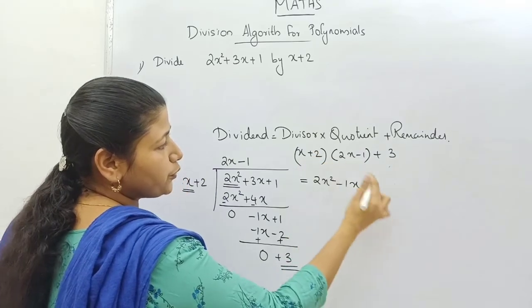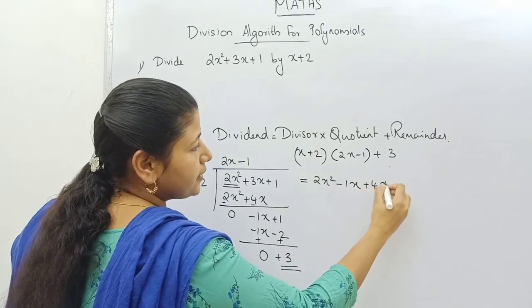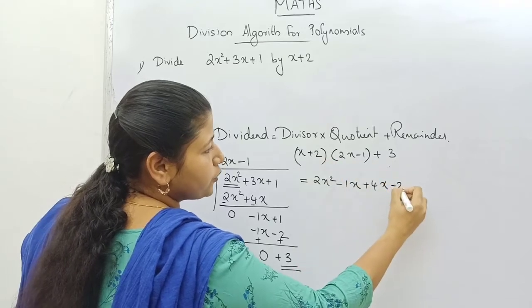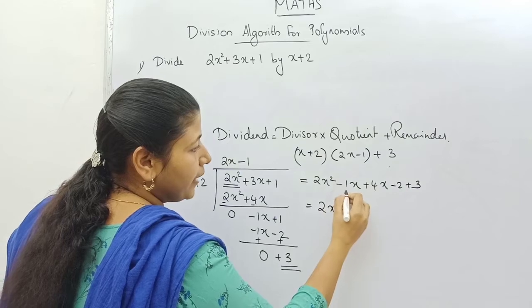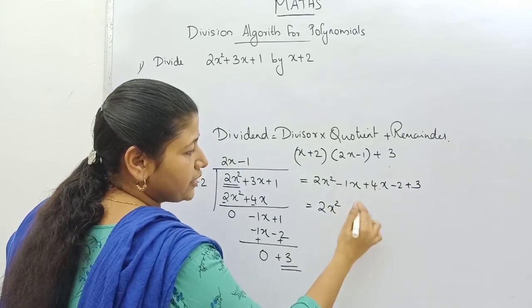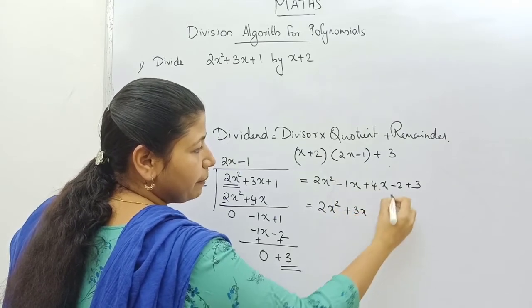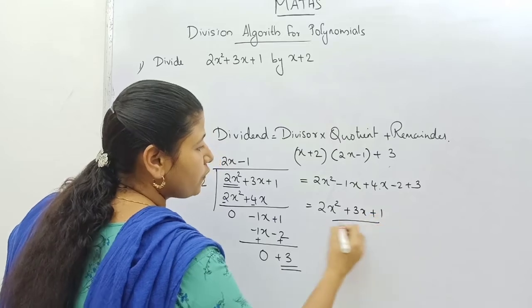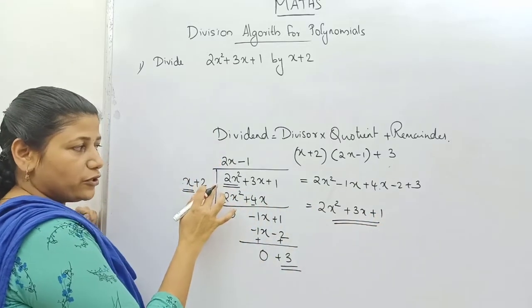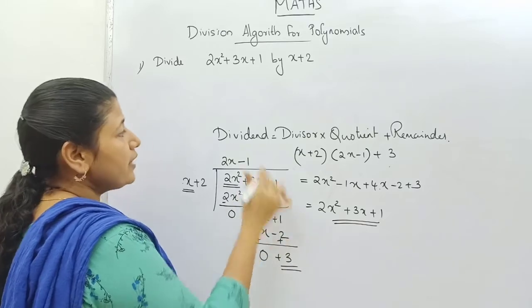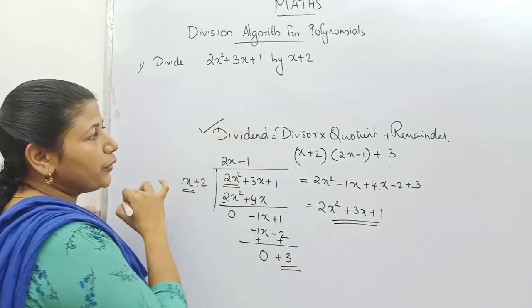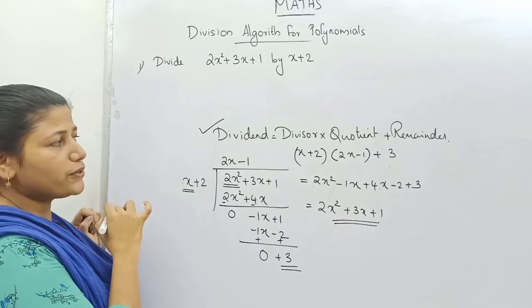Then 2 into 2x is 4x. 2 into minus 1 is minus 2, plus 3. Okay, 2x square, minus 1x plus 4x, 4 minus 1, 3, plus 3x. Minus 2 plus 3 is 1. So we got the dividend 2x square plus 3x plus 1. So this division algorithm holds for polynomials also.